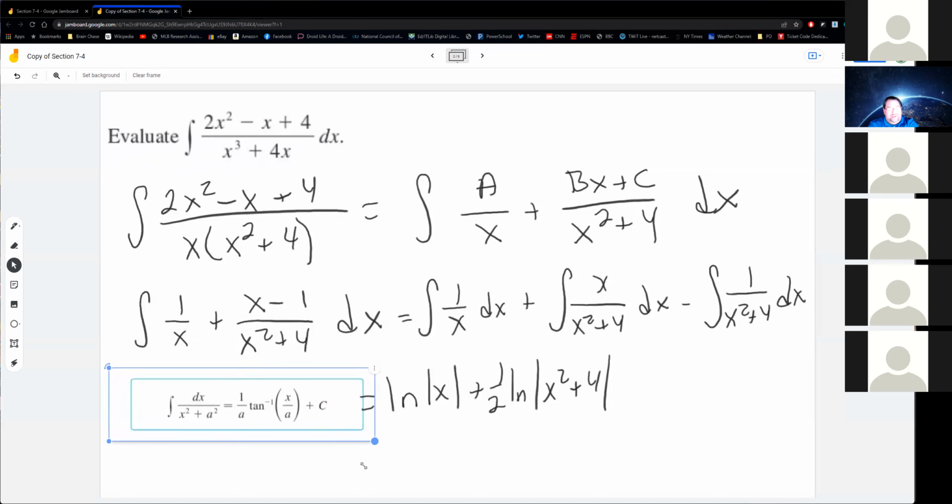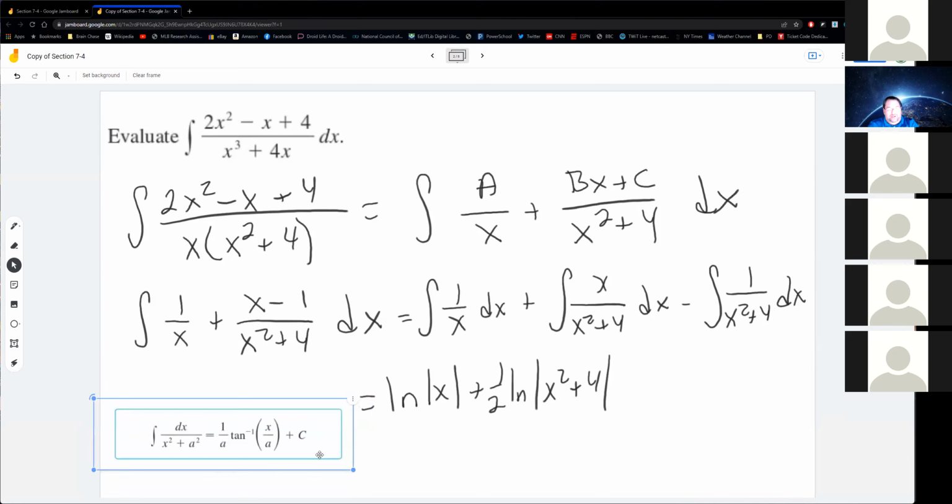All right, remember this trig rule that I said to make sure to write down because it's going to come in handy. I've got it here. I've got 1 over x squared plus 4. I can't do this problem out. I need to use this rule here.